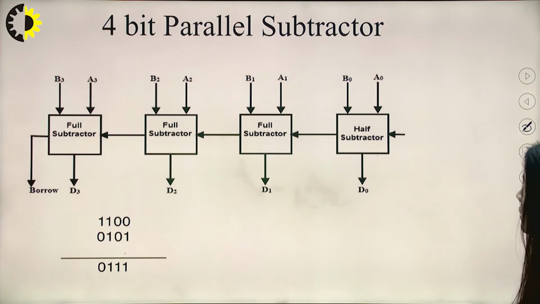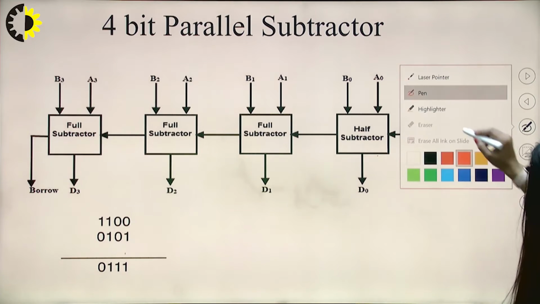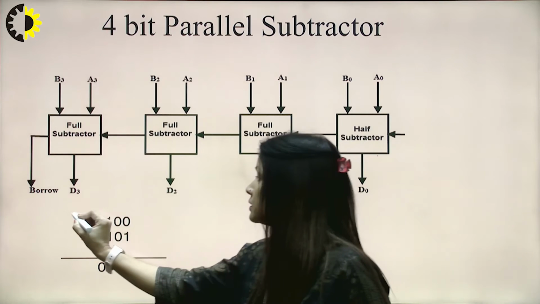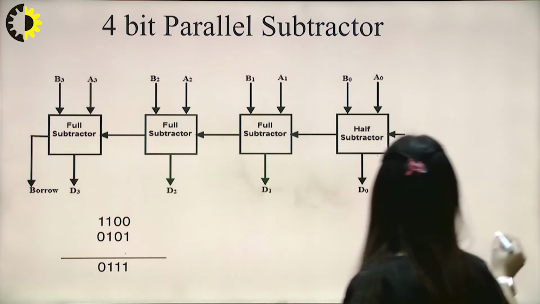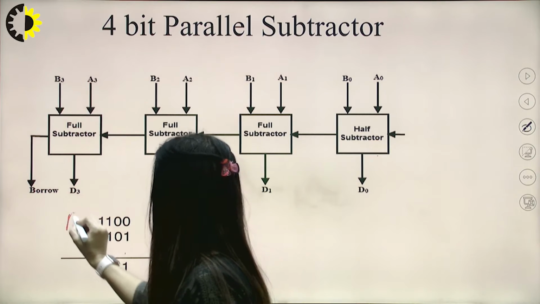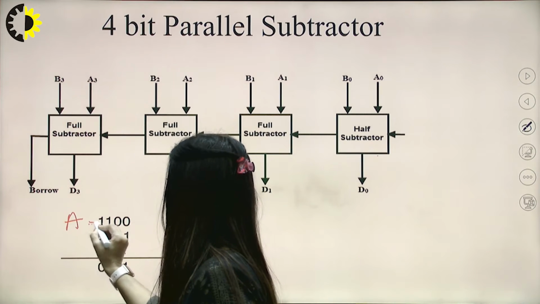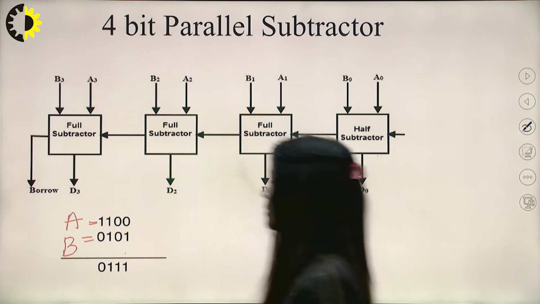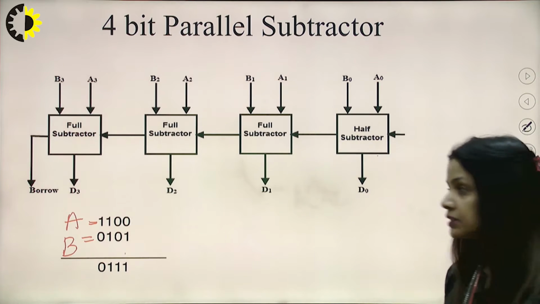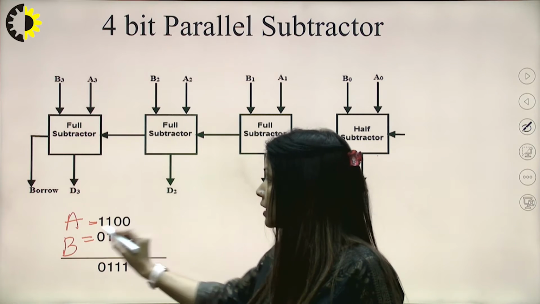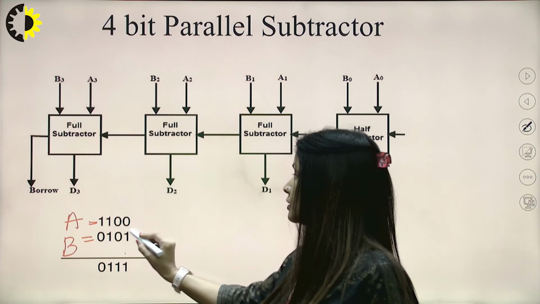So here, if I have two numbers, this is A, and this is B. 4-bit means the number A will have 4 bits and the number B will have 4 bits.